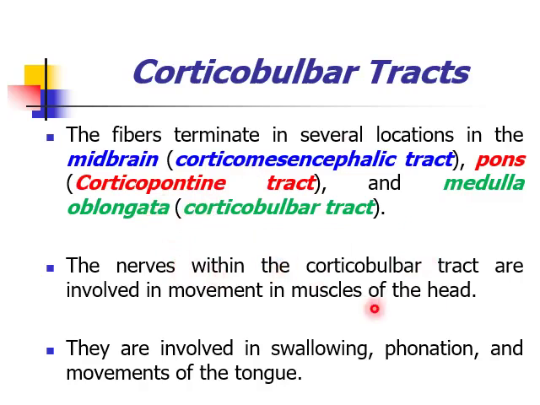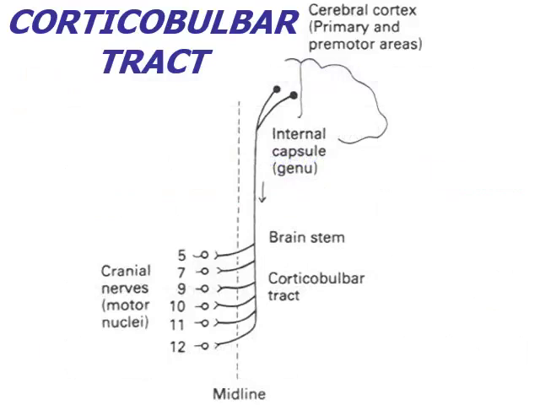The nerves within the corticobulbar tract are involved in movements of muscles of the head and neck, and they are involved in swallowing, phonation, and movement of the tongue. These are the fibers coming from the motor cortex through the internal capsule, distributing to the cranial nerve nuclei, as we just said. This is the corticobulbar tract.